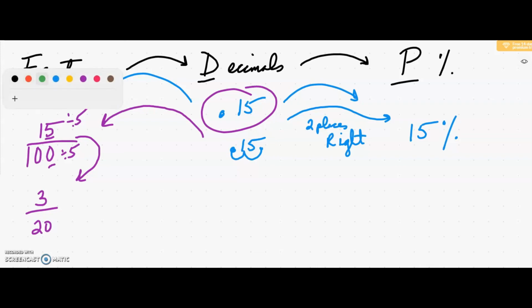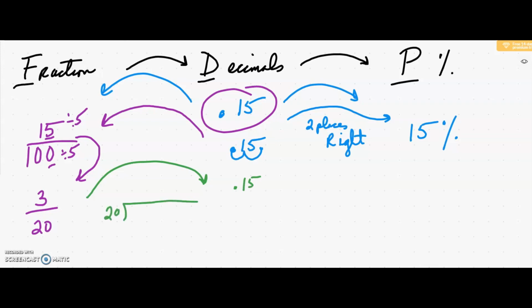Now we want to check it. Let's do one more, going back to what we started as. We'll get this thing back to 0.15 when we take this fraction and divide it. Well, you can't do that, so I'm going to add a decimal and a 0. I'm going to go 1 time, which is 20. 1 left over.